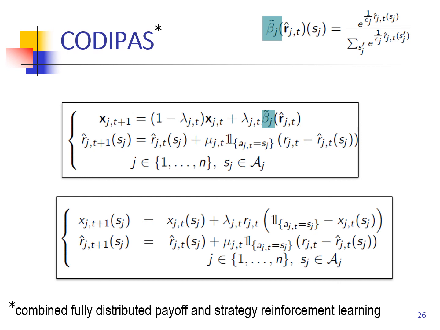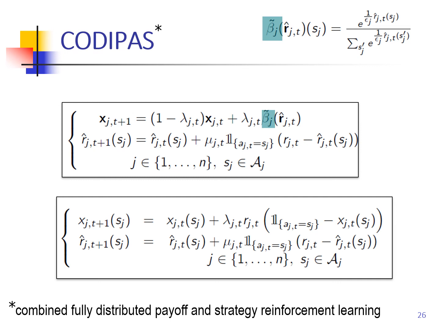Now, what we will be doing instead is replacing this indicator by a probability distribution function, which is exactly this beta in the top equation.